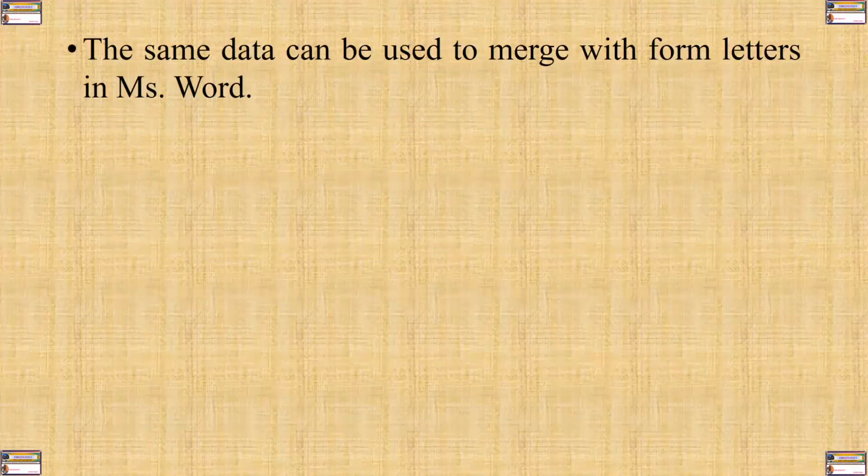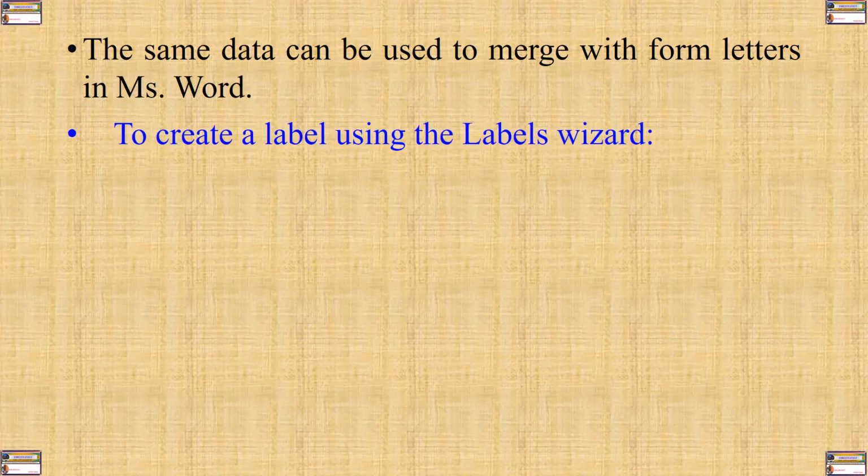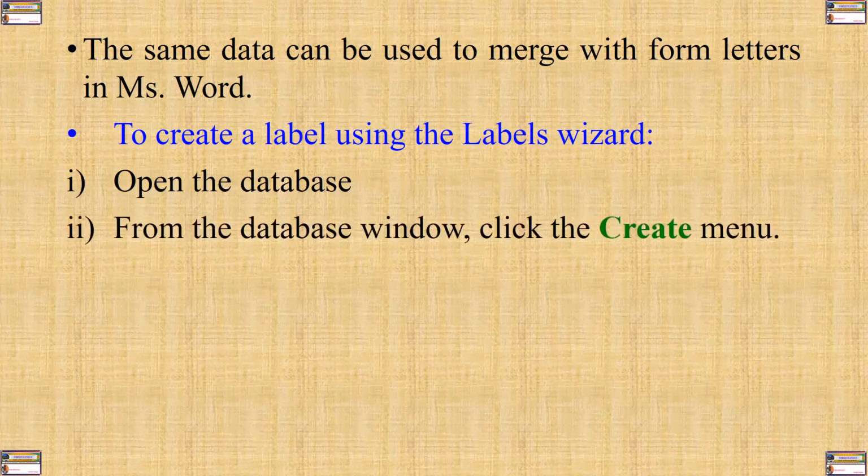The same data that is used to produce the labels can also be used with Mail Merge in Microsoft Word. To create a label using the Labels wizard, you open the database that contains the details which you want to be printed on a label.